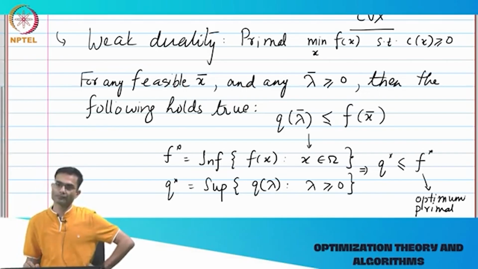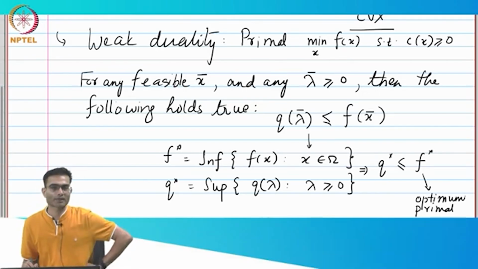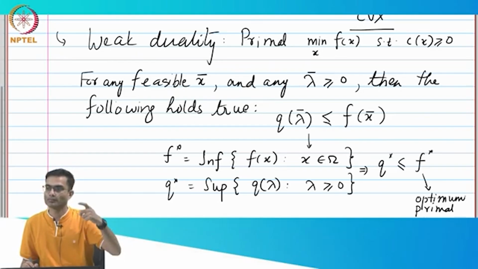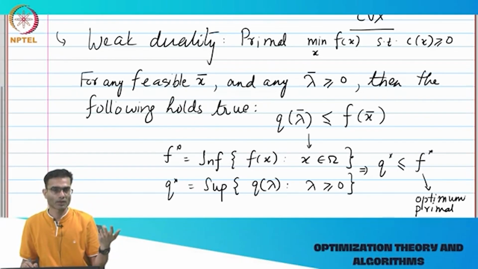Once I got Q of lambda in our two-step process, to get the dual solution, what did I do to Q? I did a maximization problem. So this q star is the solution to the dual problem.